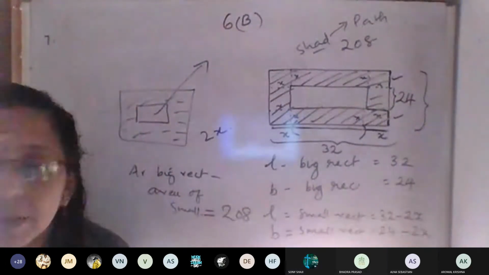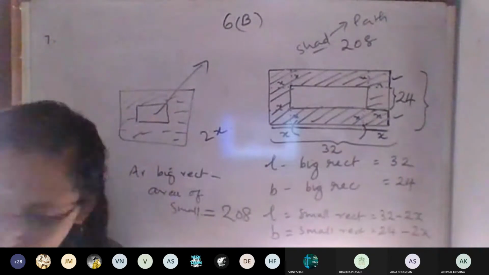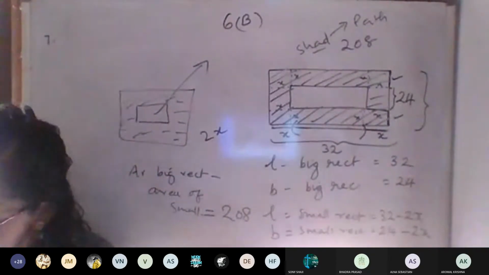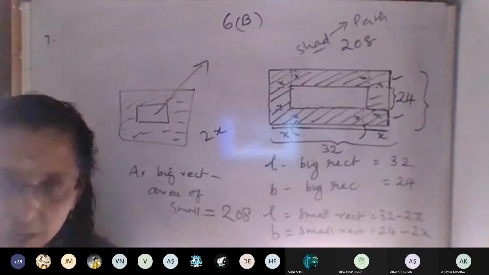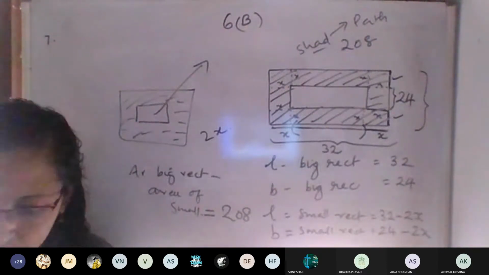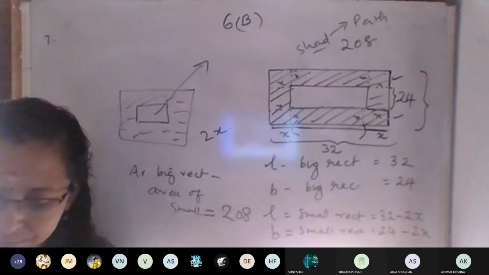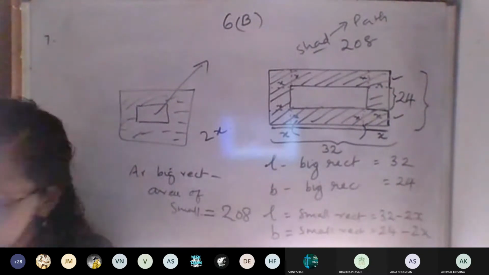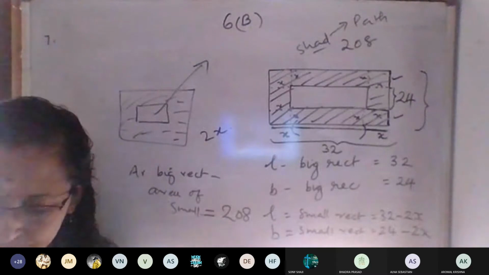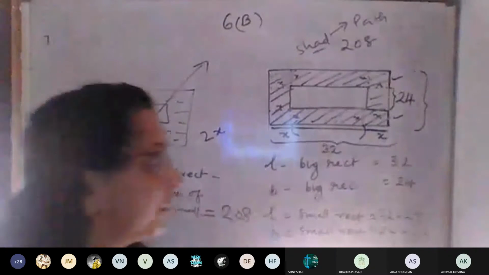Given: area of the path is equal to 208 meter square. Let x be the width of the path.